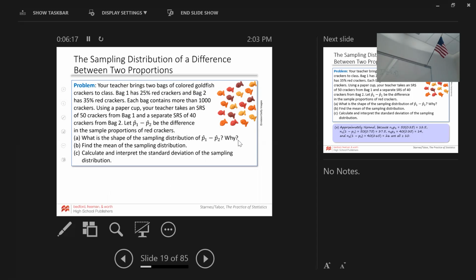We're going to do the difference, one take away two. And what do they do? Your teacher takes an SRS of 50 goldfish for bag one and 40 for bag two. That's not a very COVID-safe activity. Sweaty hands, down the goldfish, and people are going to be eating them. So it has nothing to do with COVID, it's just gross. Okay?